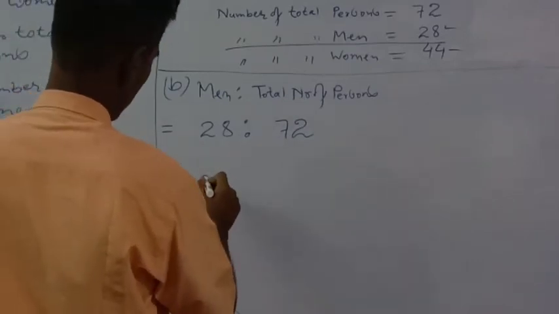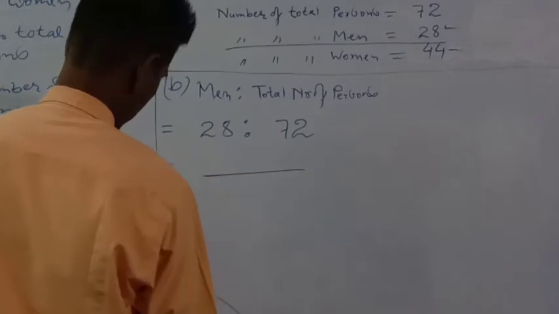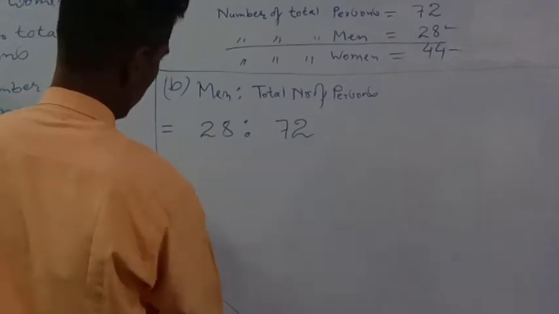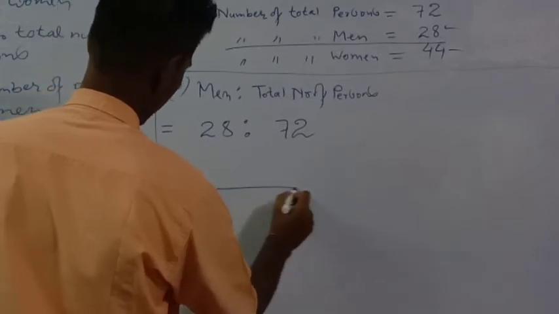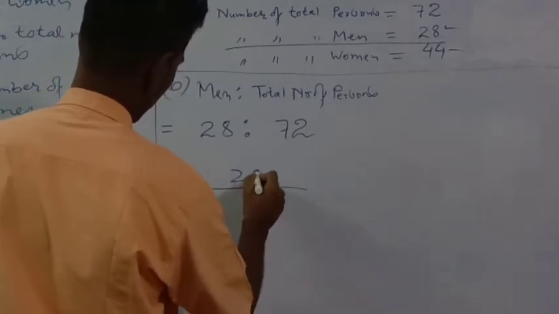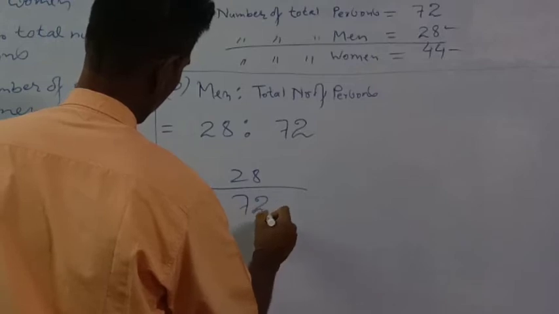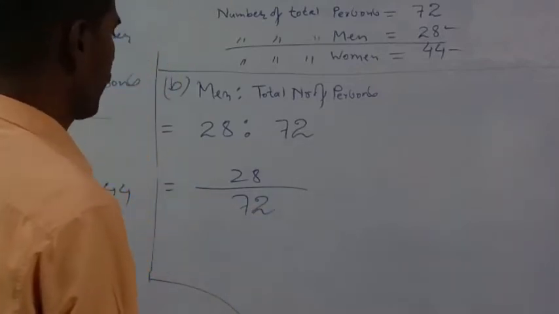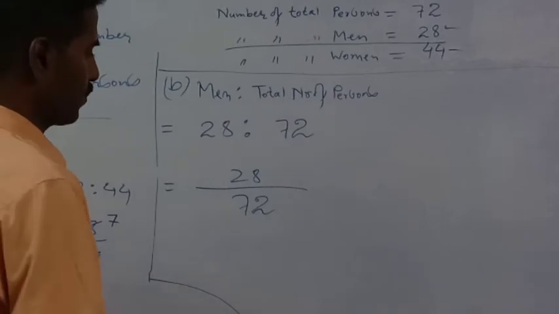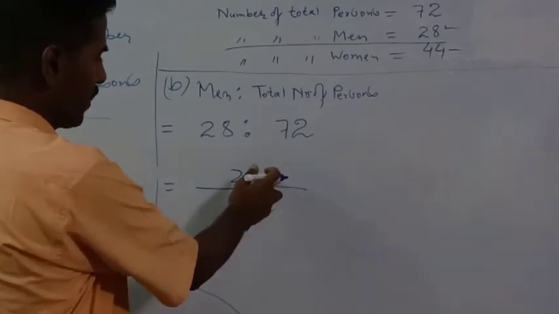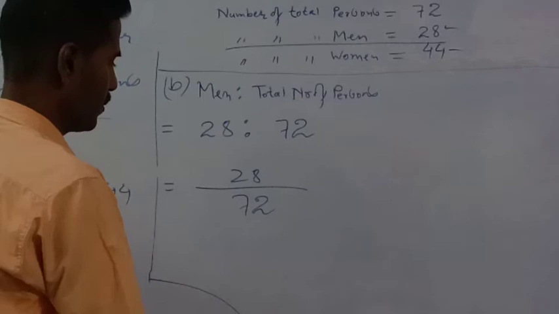Next step. So 28 by 72. Now see, here both are divisible by 2 because they are even numbers.